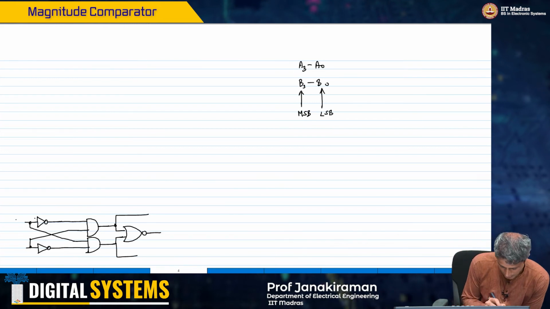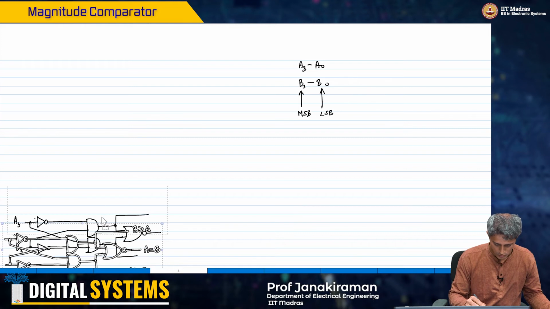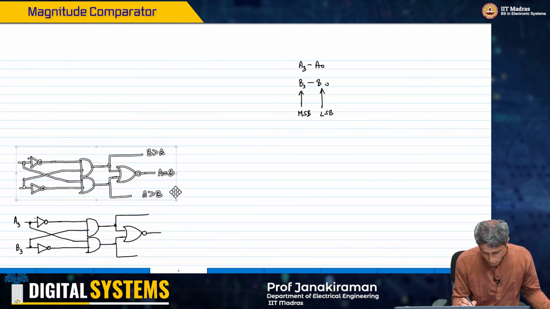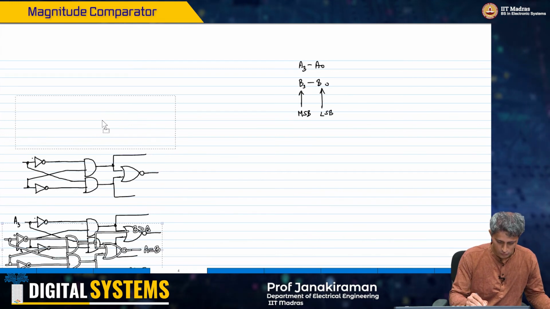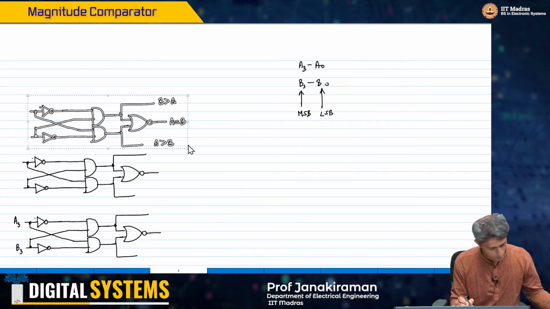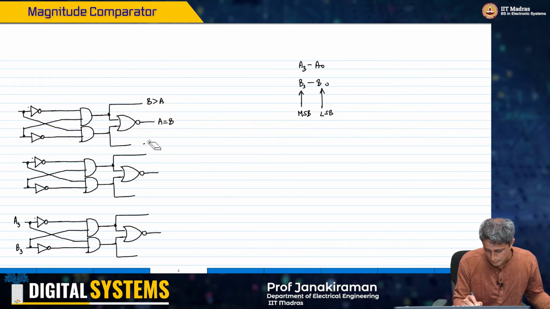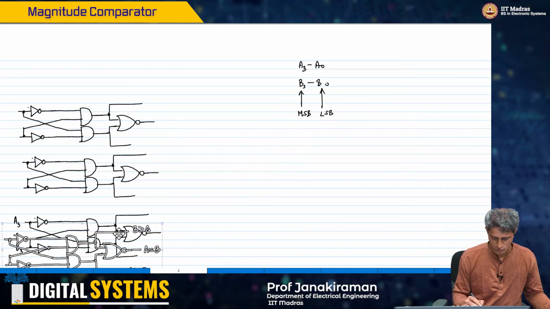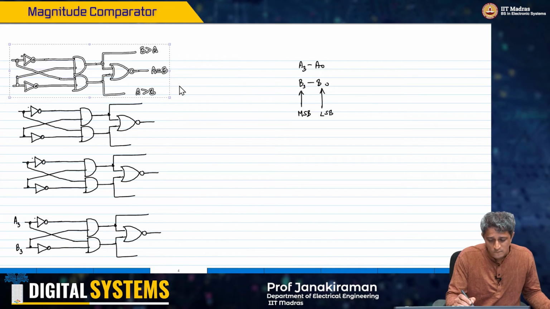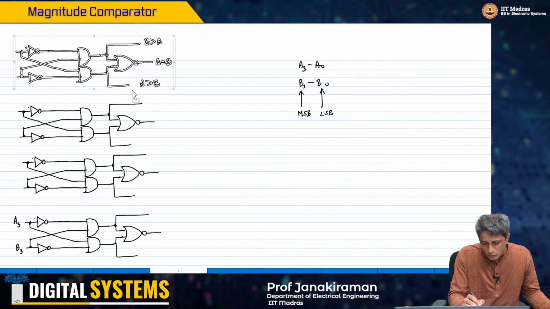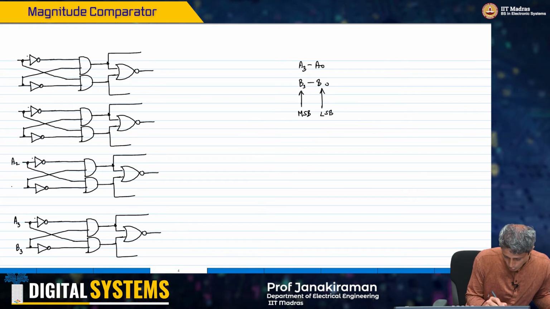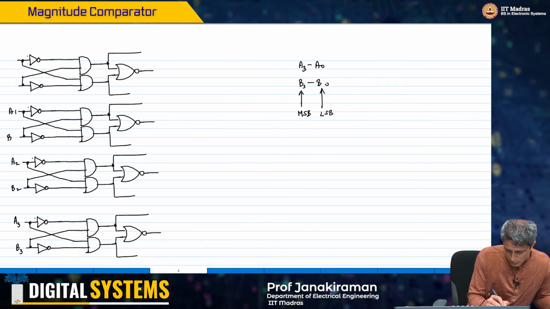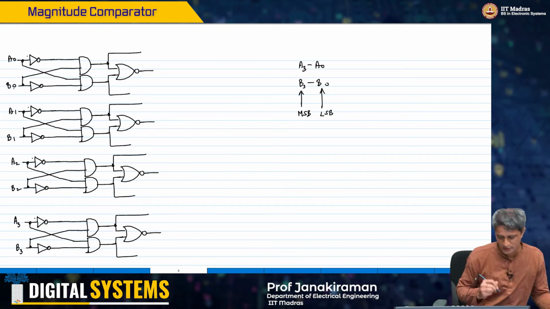So let's start with A3, B3. So this is A2, B2, A1, B1, A0 and B0.